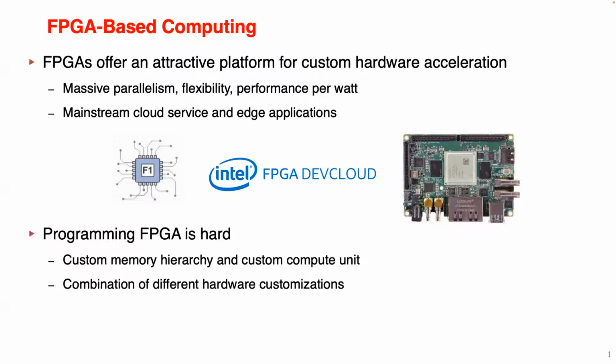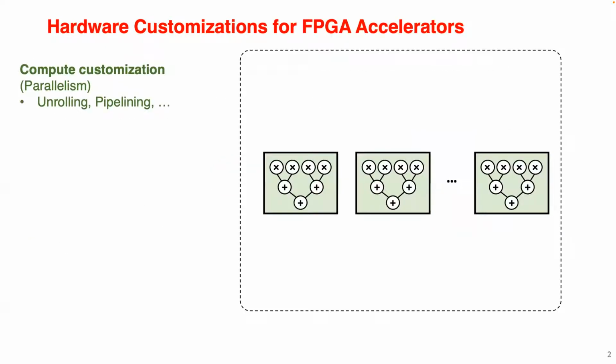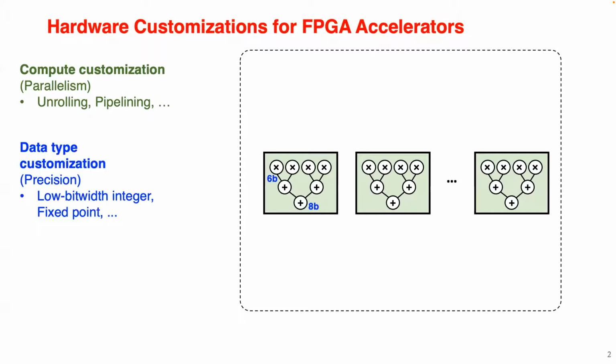Let's take a closer look at the hardware customizations for FPGAs. In general, there are compute customization, like unrolling or pipelining, to increase the parallelism. Data type customization, like quantization, to trade off precision with performance.